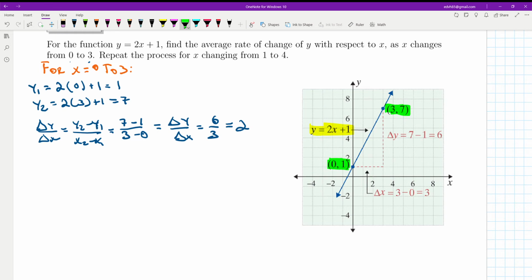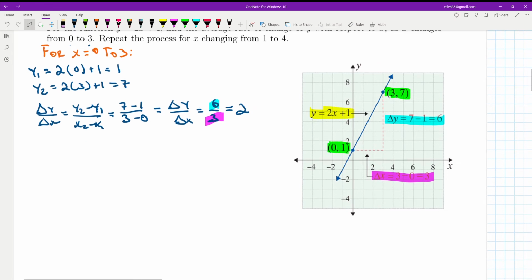So we got delta y, which is 6 in the numerator, and delta x, which is 3. That's the slope of the line. That's the rise over run, 6 over 3, which reduces to 2 over 1.